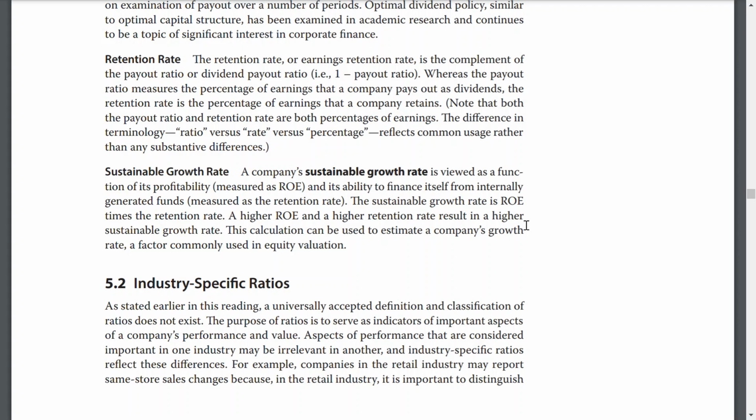Industry-specific ratios. As stated earlier in this reading, a universally accepted definition and classification of ratios does not exist. The purpose of ratios is to serve as indicators of important aspects of a company's performance and value. Aspects of performance that are considered important in one industry may be irrelevant in another. Industry-specific ratios reflect these differences.